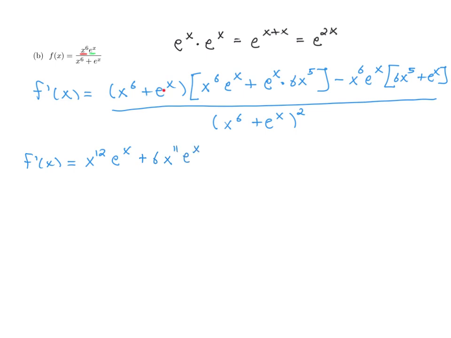I'll now multiply in e to the x, which when multiplied here will give me this e to the 2x. And the same thing will happen when it gets multiplied here. So first I get x to the 6th e to the 2x. And then here I get 6x to the 5th e to the 2x.